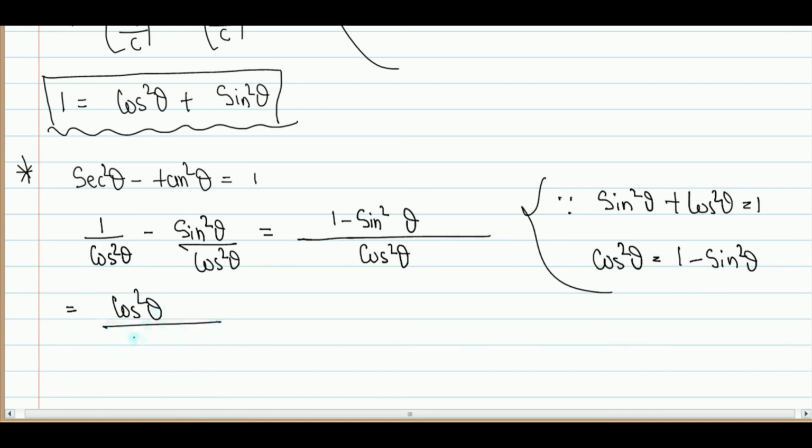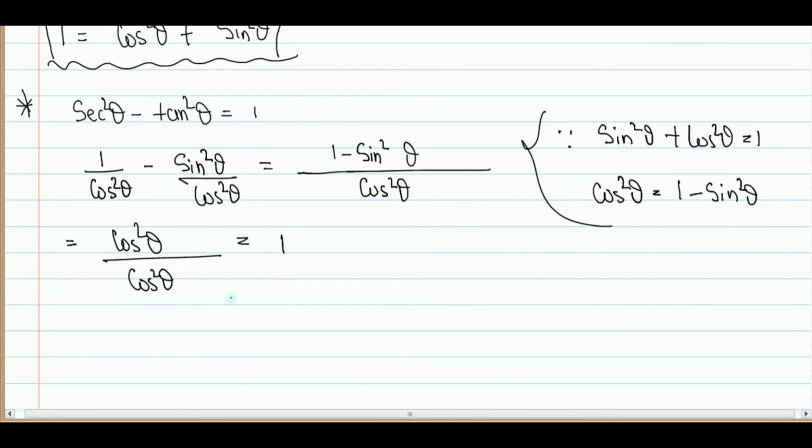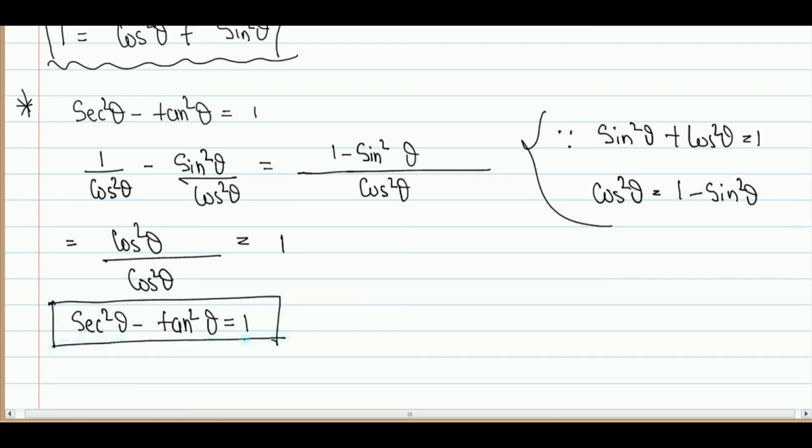The denominator was already cos square theta, so the left hand side of the equation will be equal to 1. Okay, so now you can see sec square theta minus tan square theta is equal to 1. Fine. Is it too hard to understand? No? It was too easy to understand.